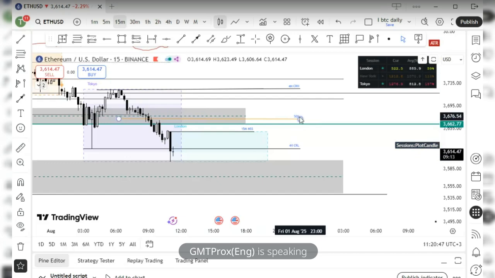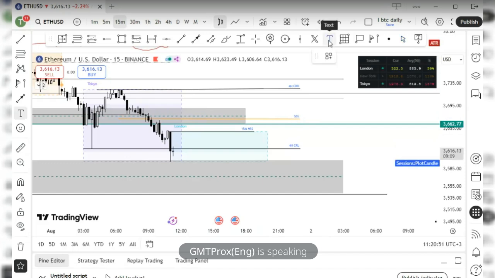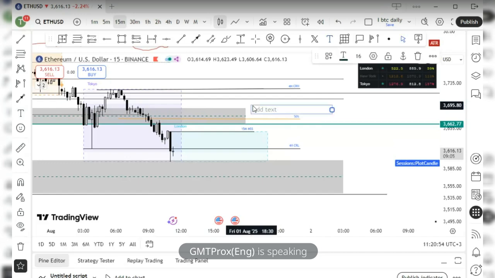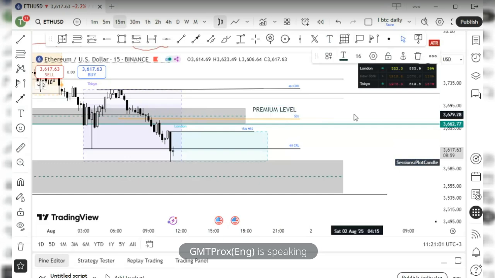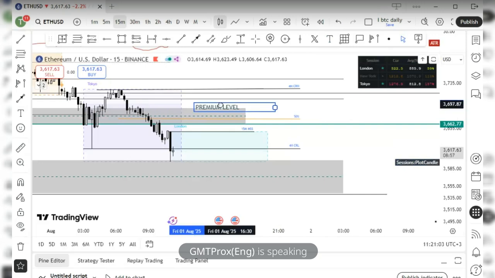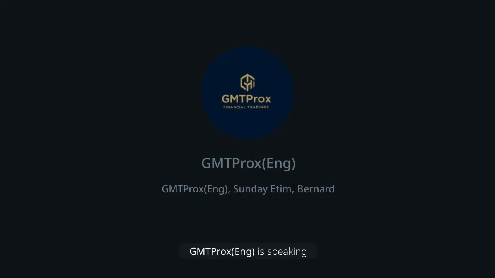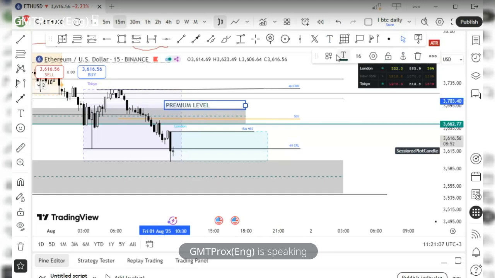So we name this as our premium level, whereby price is very much expensive. You cannot buy when price is expensive. You want to buy when the price is cheap.